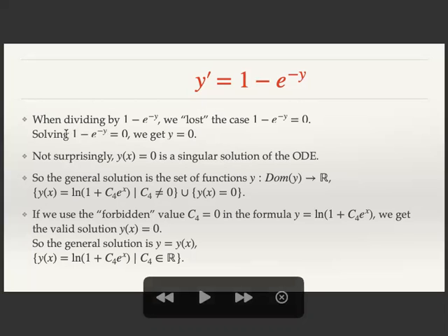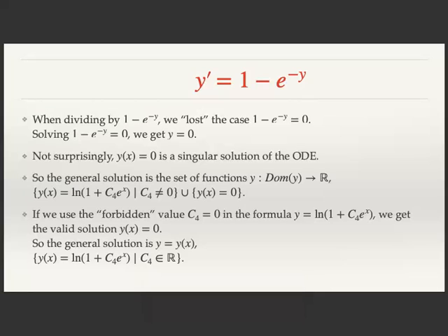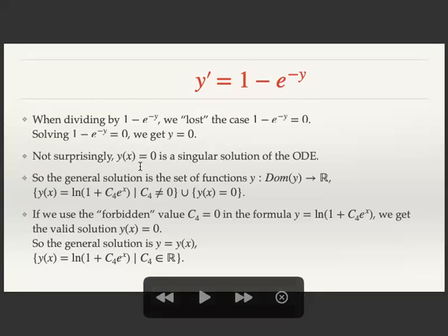It means that e to the minus y is equal to 1, and then minus y is equal to the natural log of 1, which is 0. So it means that y is equal to 0. And it turns out that the constant function 0 is a solution of this ordinary differential equation.